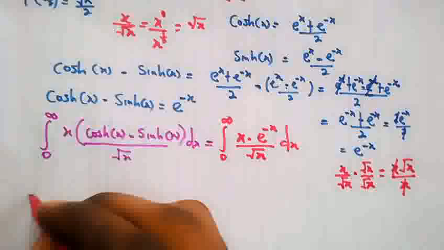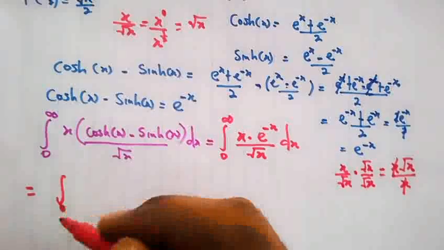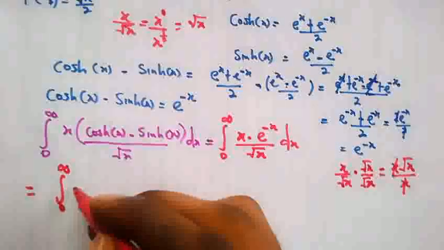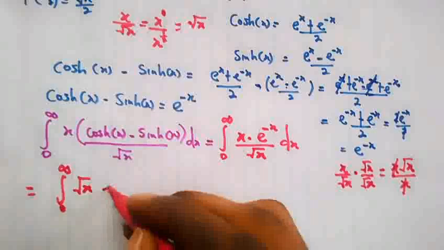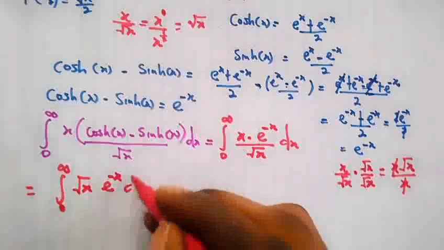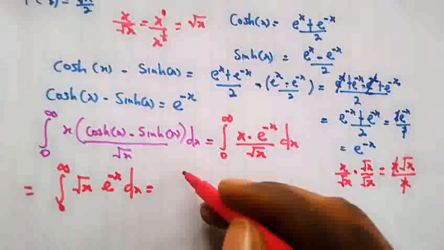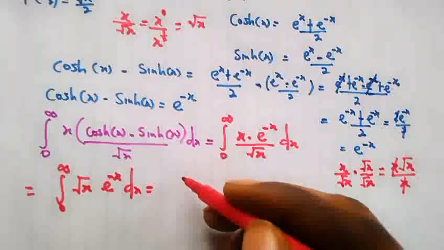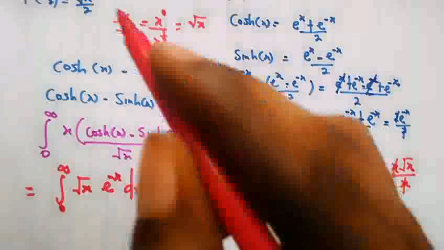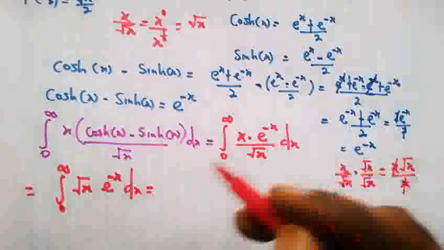So our I is now becoming the integral as x goes from 0 to infinity of square root of x times e raised to negative x dx, and this is almost looking the same as the integral representation of the gamma function.